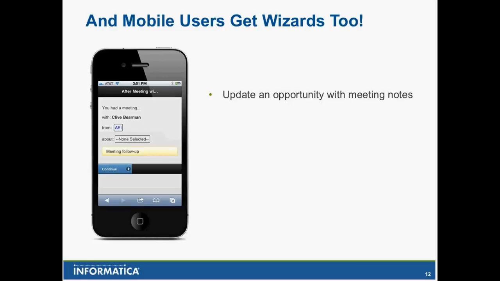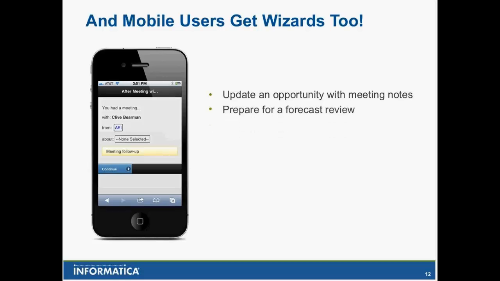So even though I've got a one-liner there that says update an opportunity with notes, I'm doing a complete full process inside that very small screen real estate. And again, I could never do that if I was just using Salesforce.